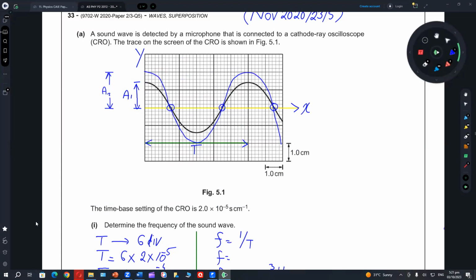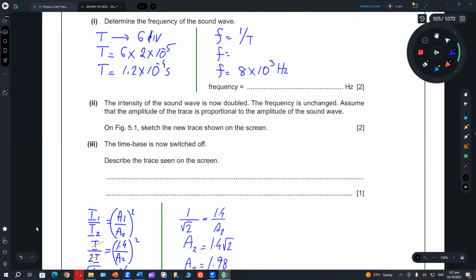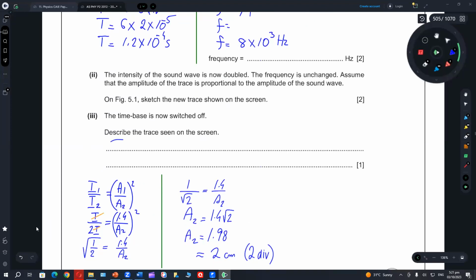Once you switch off the time base, the waves are no longer jumping. So time base is the x-axis. When you switch off the x-axis, it will just form a vertical line.